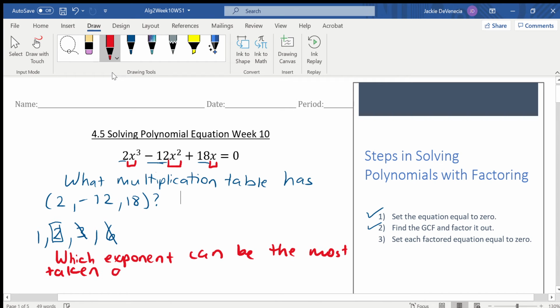What I mean by this is I have the exponents 3, 2, and if I don't see anything, 1. So which of these exponents can I take away from all of it?